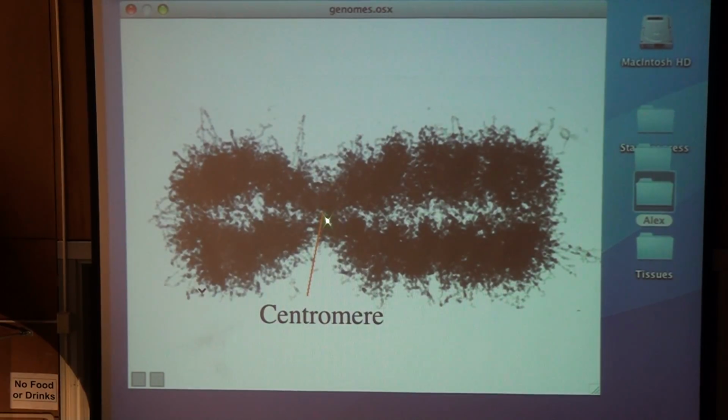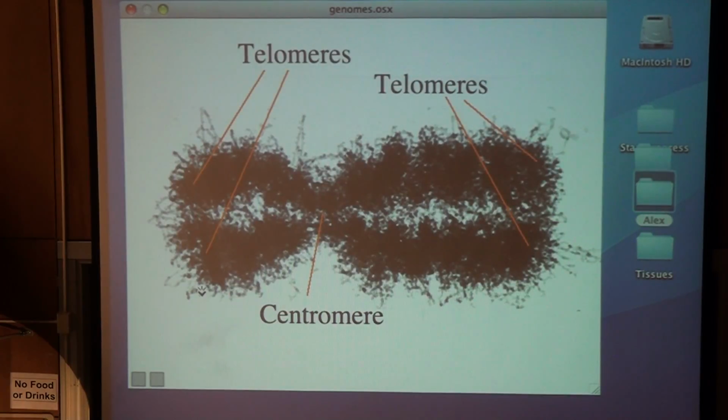They find a lot of this tandem repeat DNA around the centromere. And they also find a lot of this tandem repeat DNA at the very tips of the chromatids. These are called the telomeres. Telo means the end. So in other words, here and here and here and here, you also find some of this tandem repeat DNA.